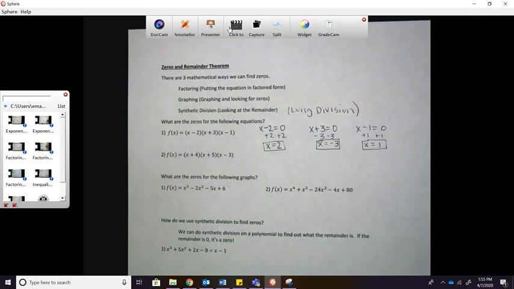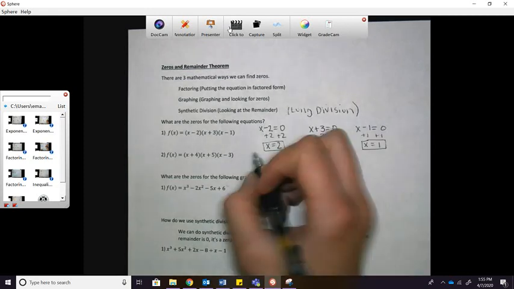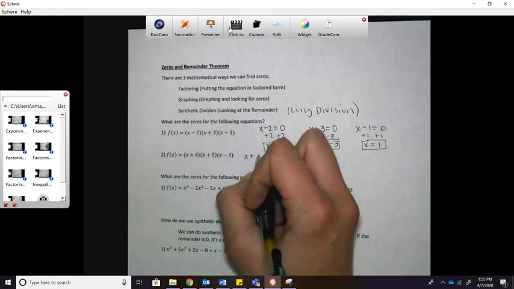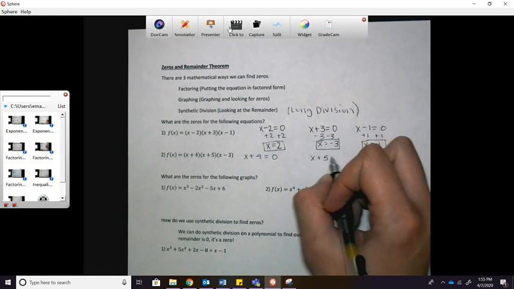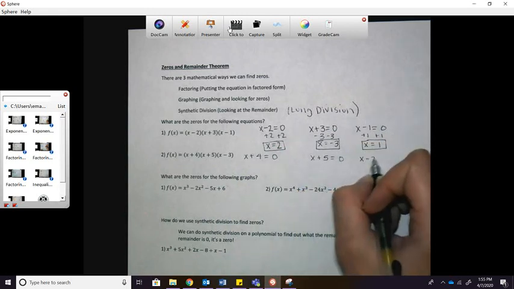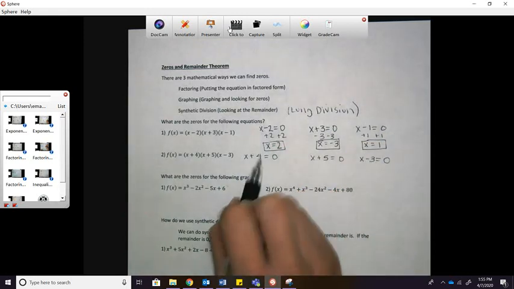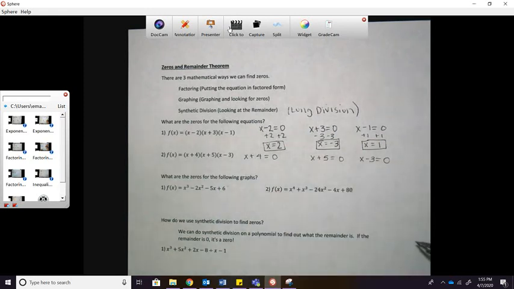The process is going to work no matter if you have 10 sets of parentheses or if you have 3 or 4, which is usually what we will see in Algebra 2. So I'm going to repeat this process over. I'm going to set each set of parentheses equal to 0 because, again, I am saying that there are three different places this graph makes 0.